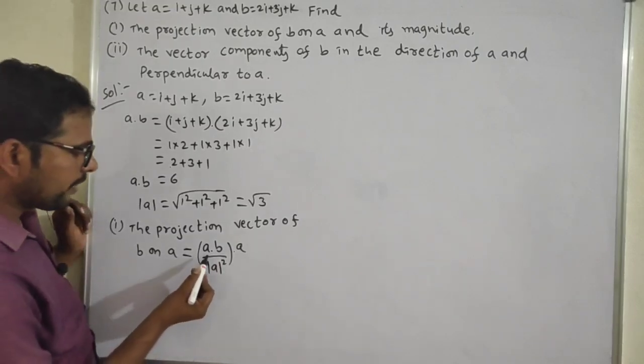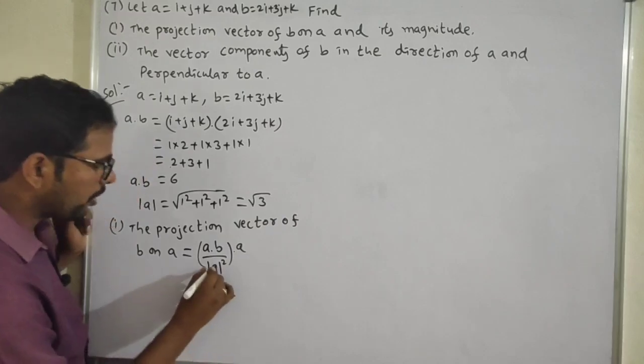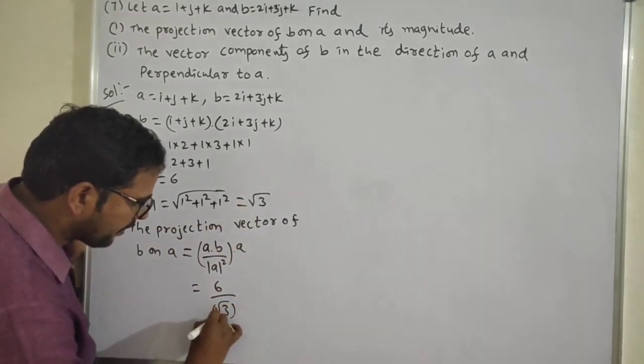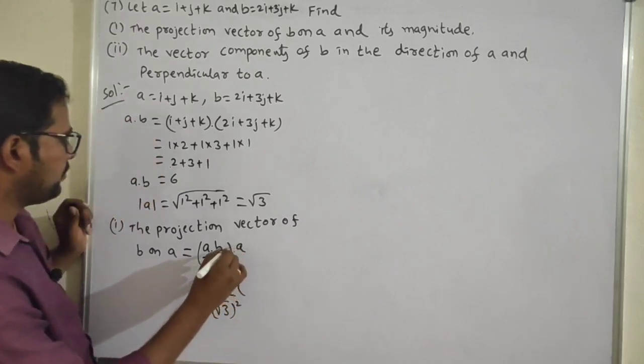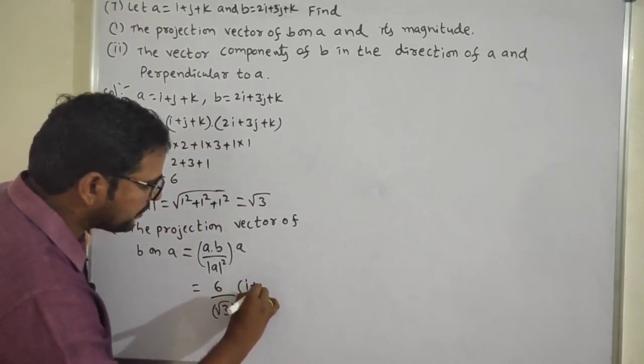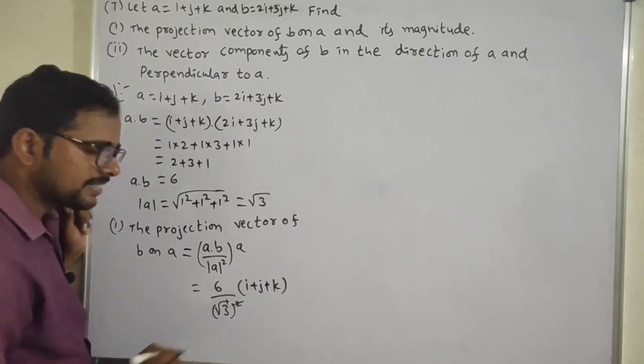Now substitute values. What is the A dot B value? 6, by modulus A value root 3, so root 3 square, into what is A? Vector A, i plus j plus k. Here square and root will get cancelled.